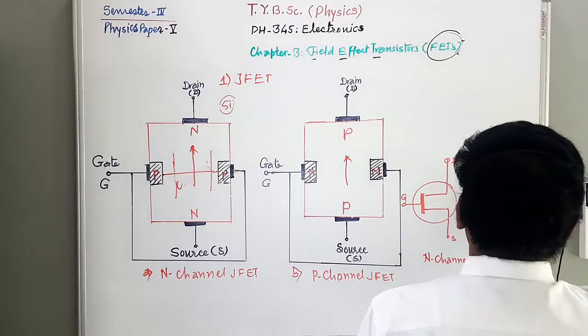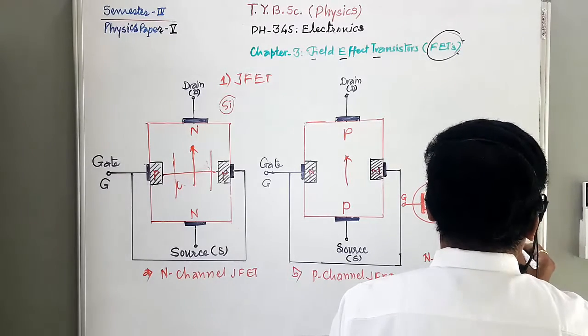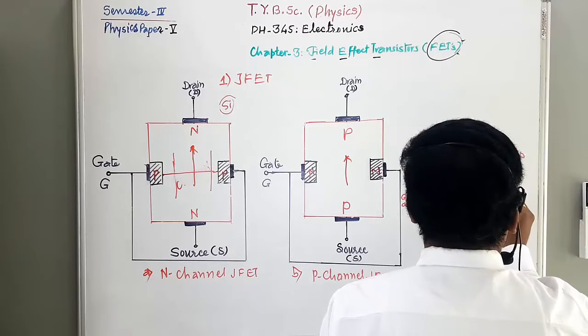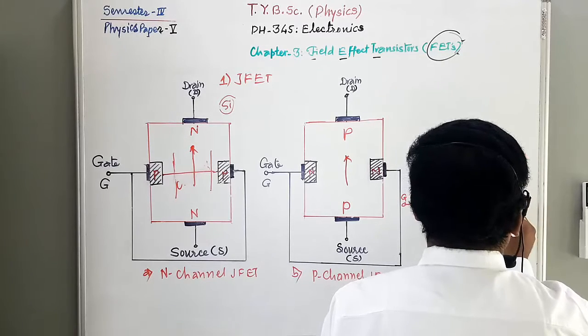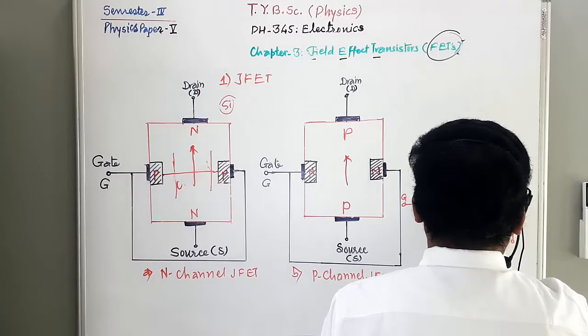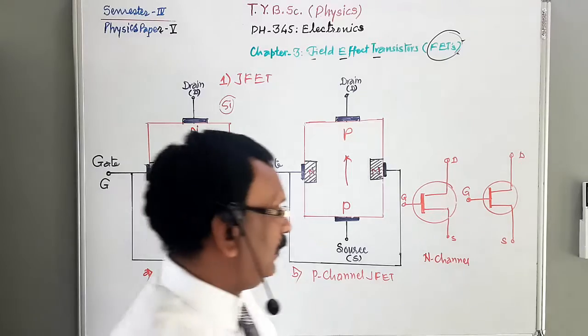And again, source, drain, this is the channel, gate. See here, this is a P channel.